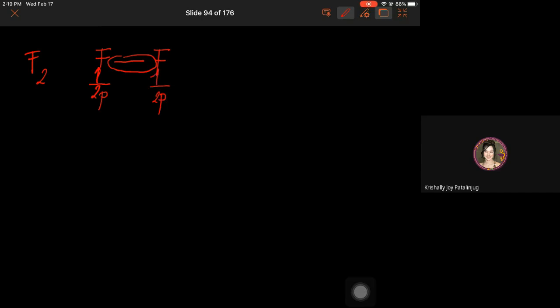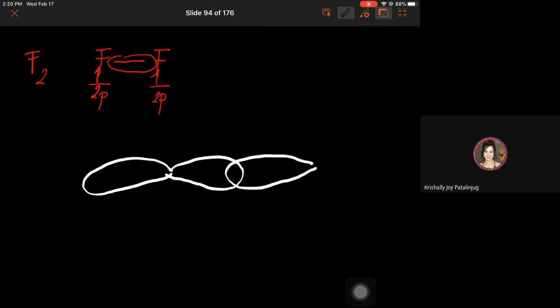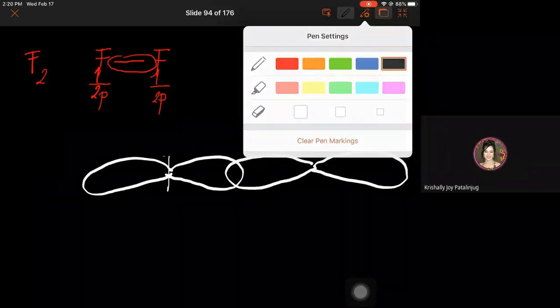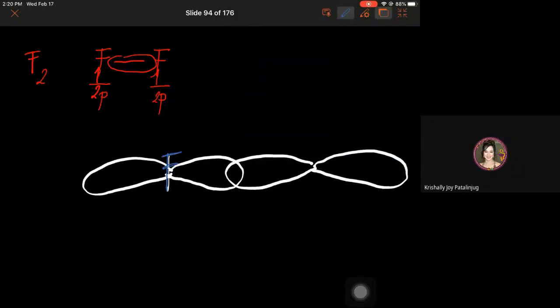Therefore, hypothetically, we can imagine the overlapping will look like this. Okay, let's imagine, for instance, this is the first fluorine on the left side.